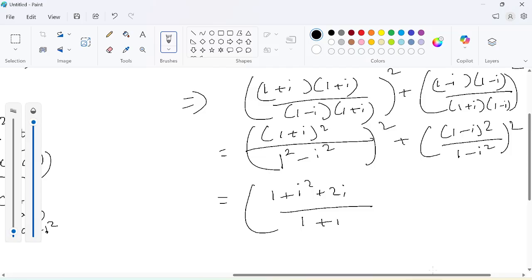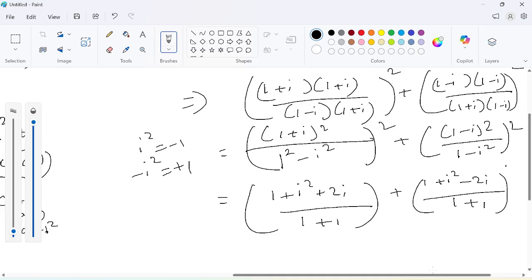This will be 1 plus 1, because minus i square, i square is minus 1, minus i square will be plus 1. So (1 + i square + 2i) by (1 + 1), whole square, plus (1 + i square - 2i) by 2, whole square.